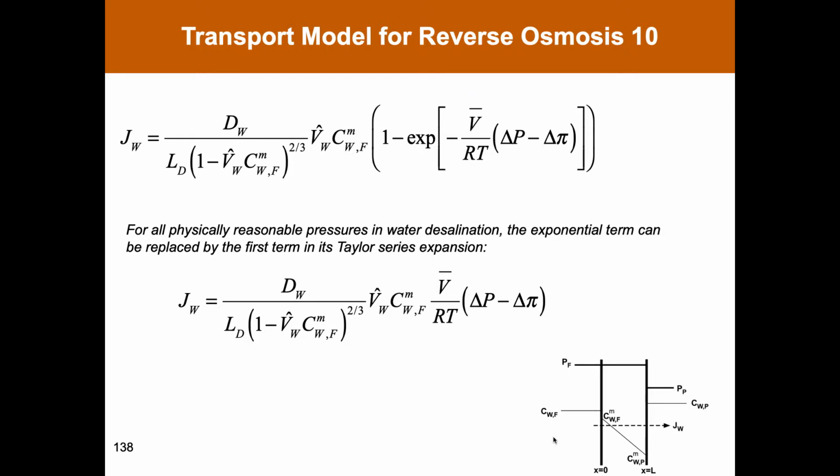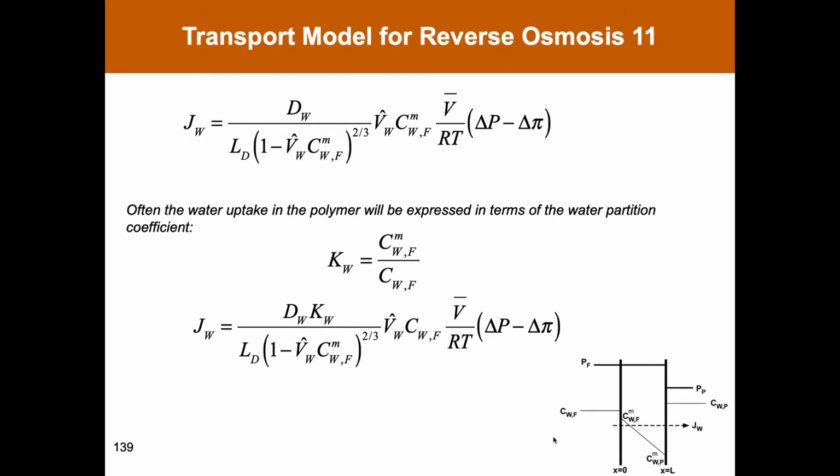You can start to see now how we're getting back to the equation that was determined empirically as a performance equation for desalination membranes, that the water flux was directly proportional to the difference delta P minus delta pi. Just a couple more steps here, I promise.